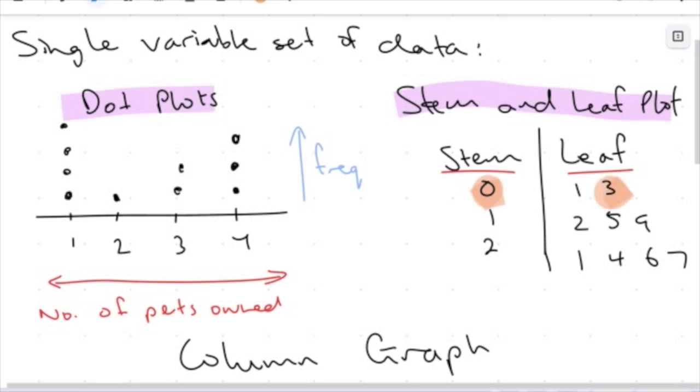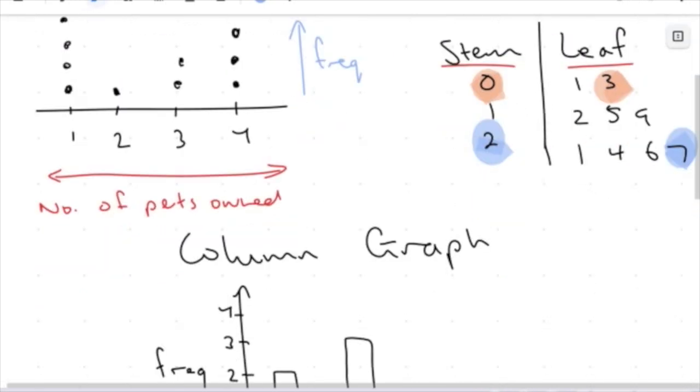So this would be a score of 3, for example. Or if I took this one here and this one, this would be a score of 27. So this is how we can interpret these. We've done these in depth before, so this is really just a bit of a revision.